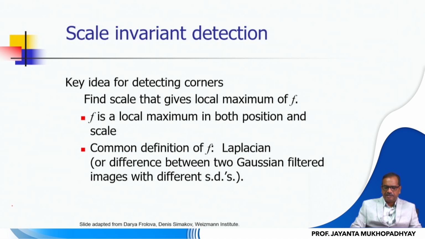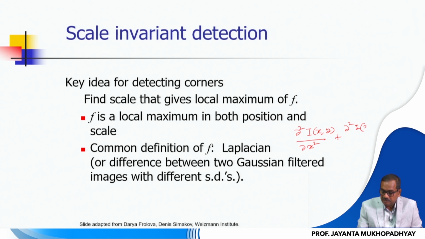That Laplacian is the double derivative operator in two-dimensional space, which means that suppose I have an image function, say brightness function, I(x, y). What I would like to measure is the double derivative of this, both in the x and y direction, and simply add them.